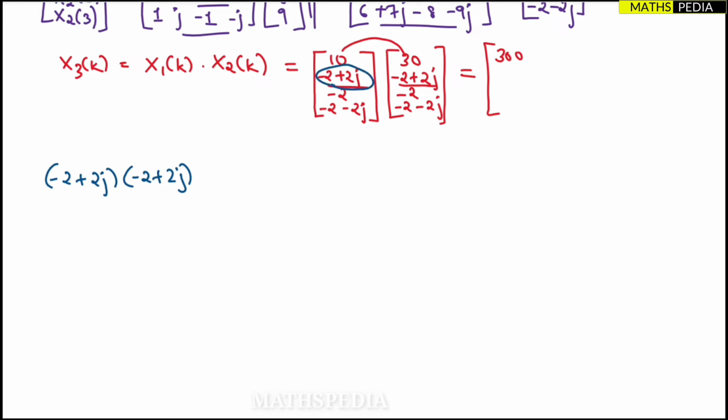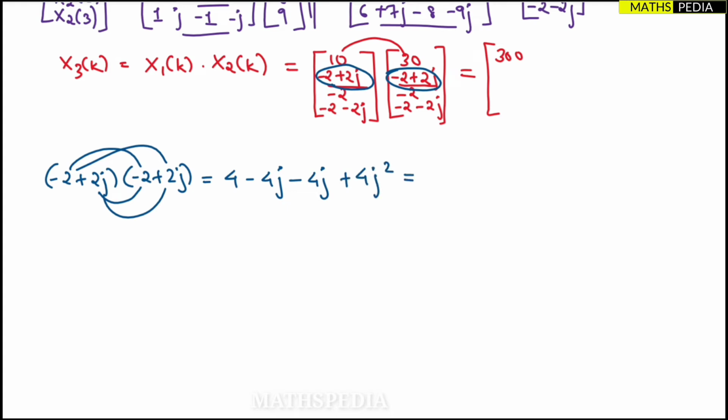So we'll multiply that. Minus 2 into minus 2 is plus 4, minus 2 into 2j is minus 4j, then 2j into minus 2 is minus 4j, then 2j into 2j will be plus 4j square.